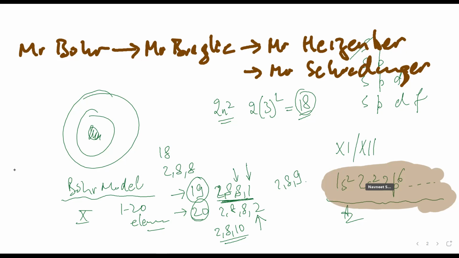Because at the end of the day, if you are able to understand this very simple concept of how the electronic configuration is written, more than enough, our job is done. It is as simple as that.